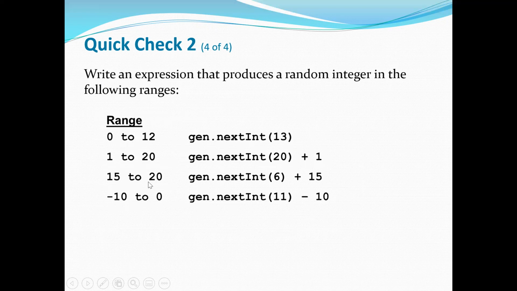Same thing, starting 15 to 20 will give me 6 values, so 6 plus 15. Minus 10 to 10: we start from minus 10, and it should be 11, so minus 10 to 0 gives me 11 values.